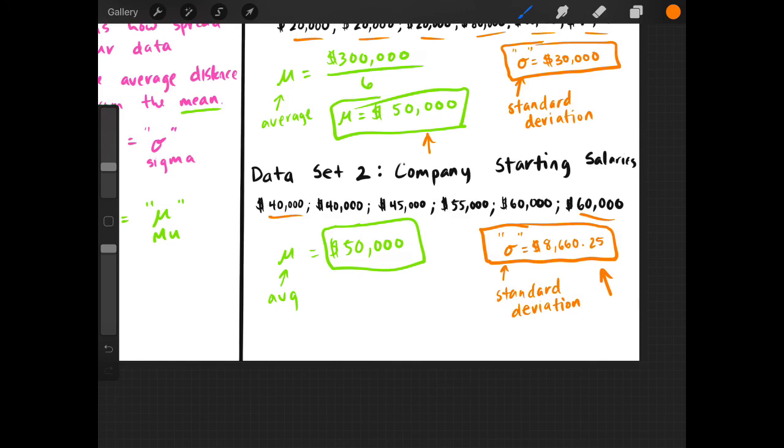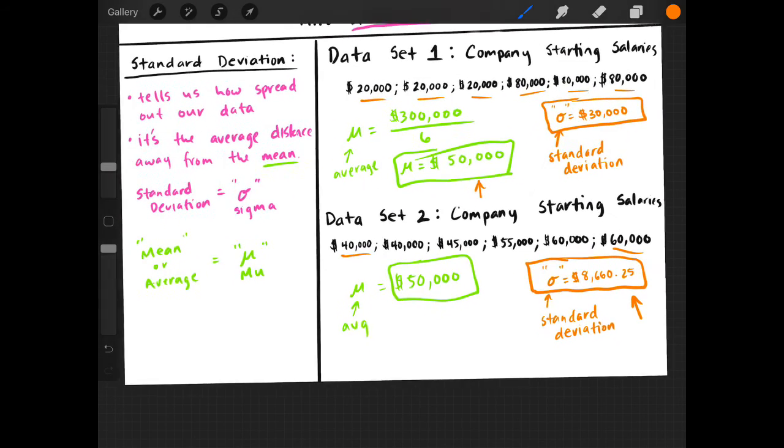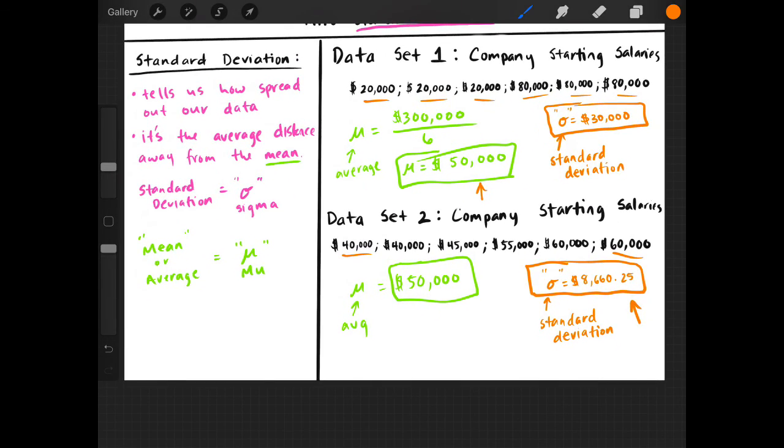It shows that the average is more true to what it's representing. All of those are a lot closer to 50,000 than the data set at the top. So what the standard deviation is telling you is that second company is a little more reliable with the information they're giving you with the average.